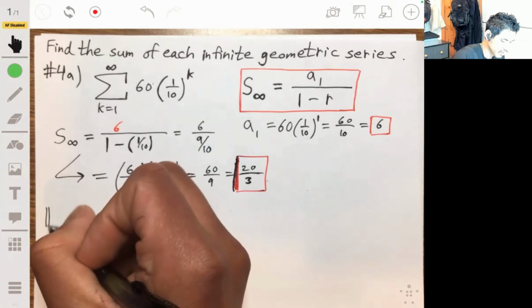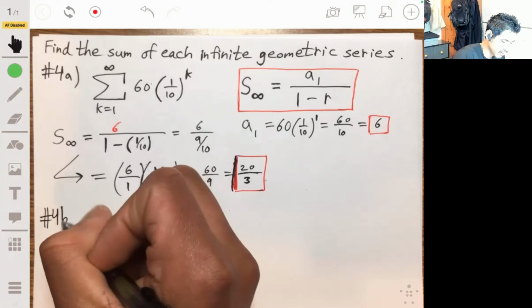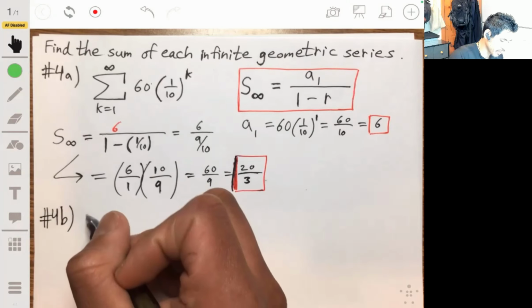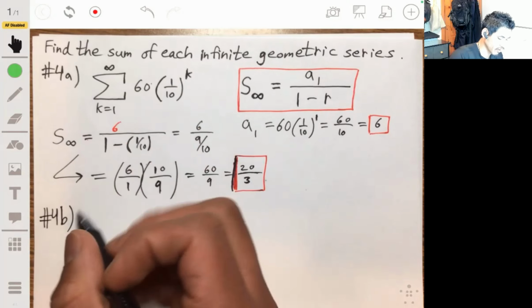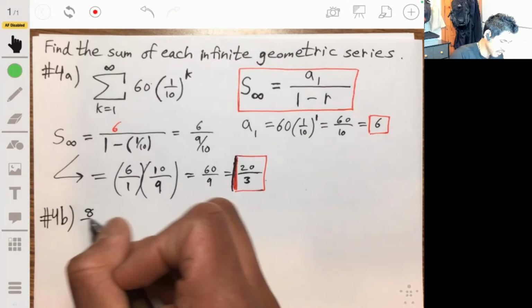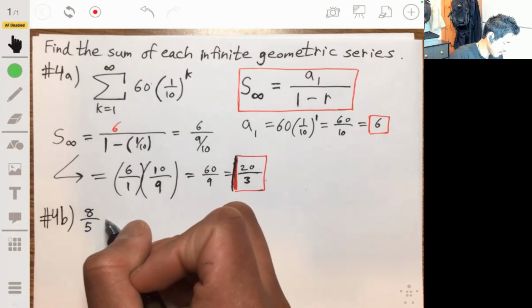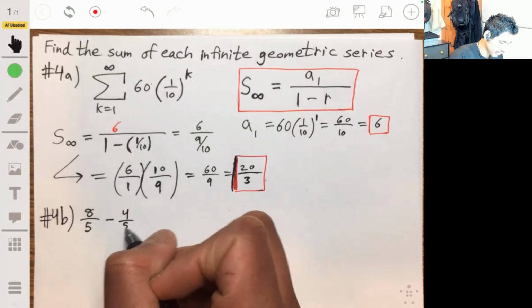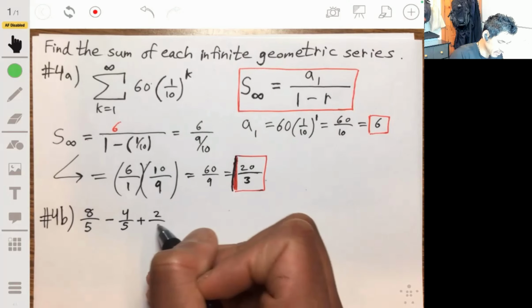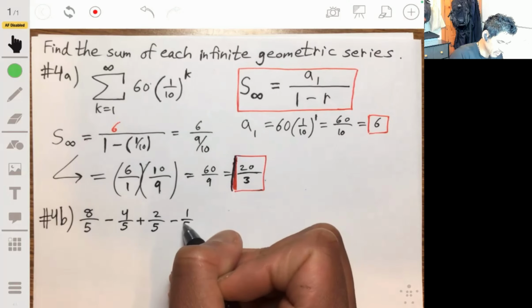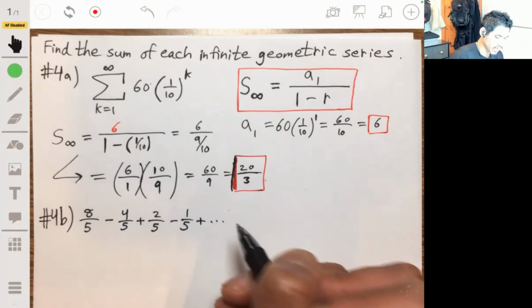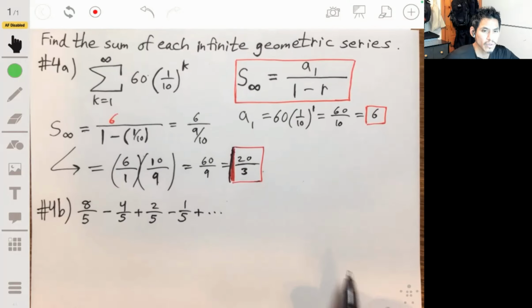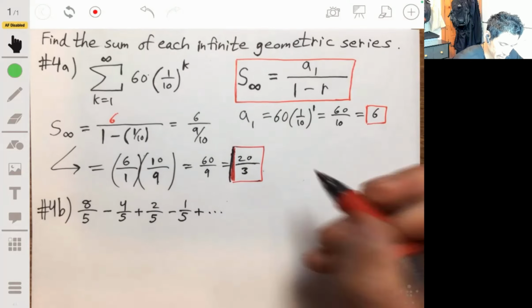Let's do one more. And let's look at the case when we're not given it in this form, when we're given it just as the sequence. So we have 8/5 minus 4/5 plus 2/5 minus 1/5, and so on. So first, let's find our common ratio.